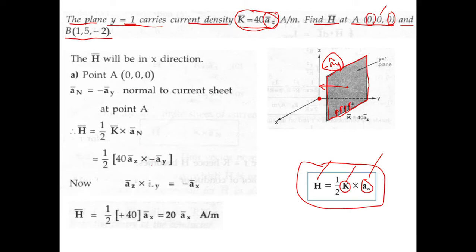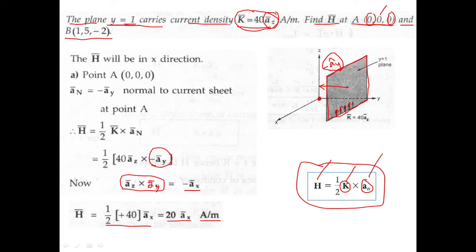Now here you can see that we get minus ay. Now az cross ay is minus ax, so when you rotate z towards y, the direction will be along minus ax. That is the meaning here. So when we have az cross minus ay, this will become plus ax. So finally H vector will be 20 ax ampere per meter.